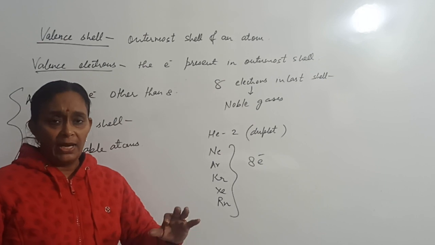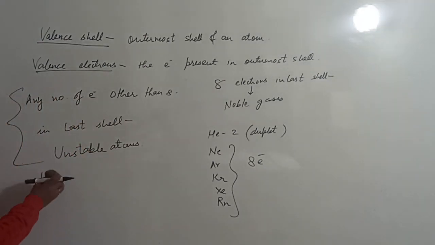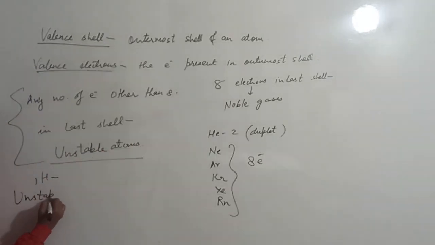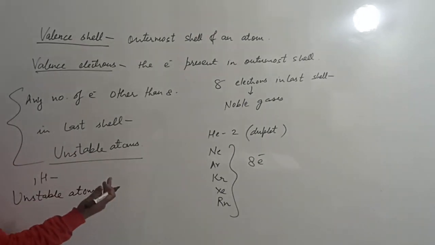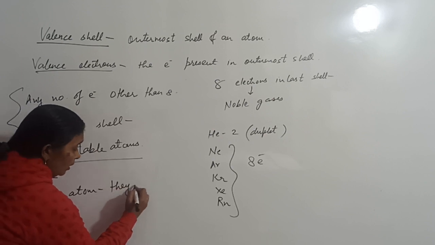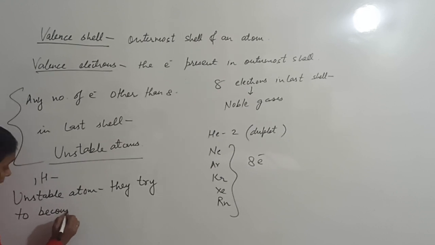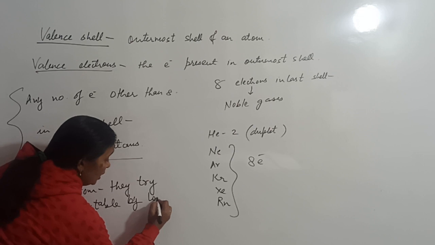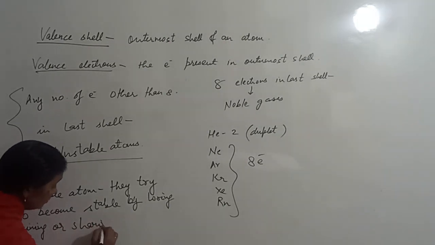Those other atoms can be atoms of the same element or a different element. So you can say the unstable atoms have an urge to become stable, and try to become stable by losing, gaining or sharing electrons.